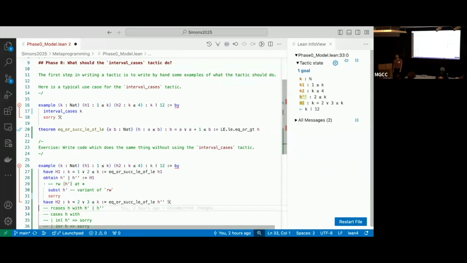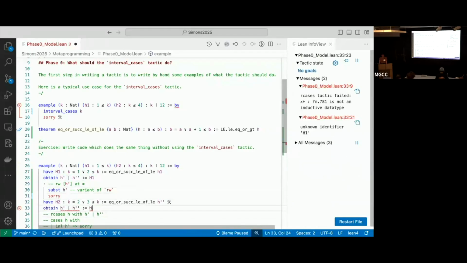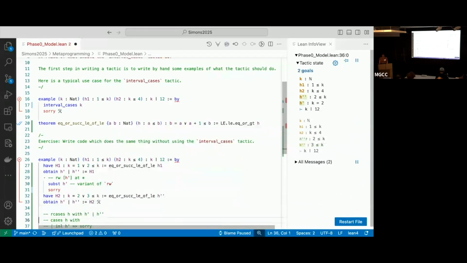So what should be my next step this time? Another obtain. Great. So now I've got the or statement: K is 2, or K is at least 3. And I'm going to split on that. Same syntax, just on H2 rather than H1. Now I have 2 cases.